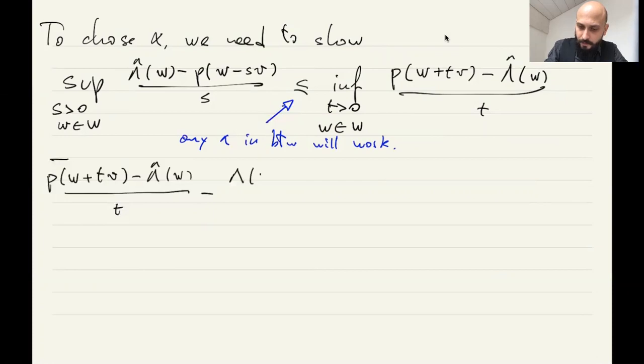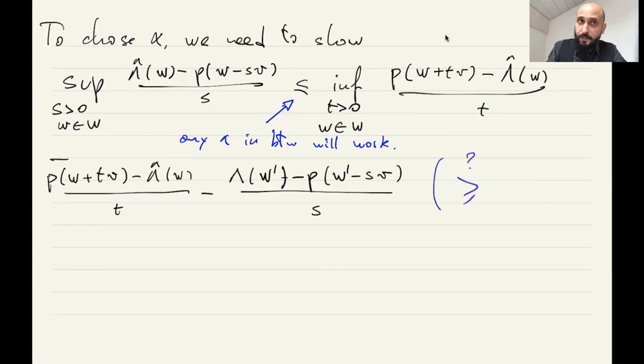I will call it w prime, minus p of w prime minus sv divided by s. We want to show, so the question, is this positive?